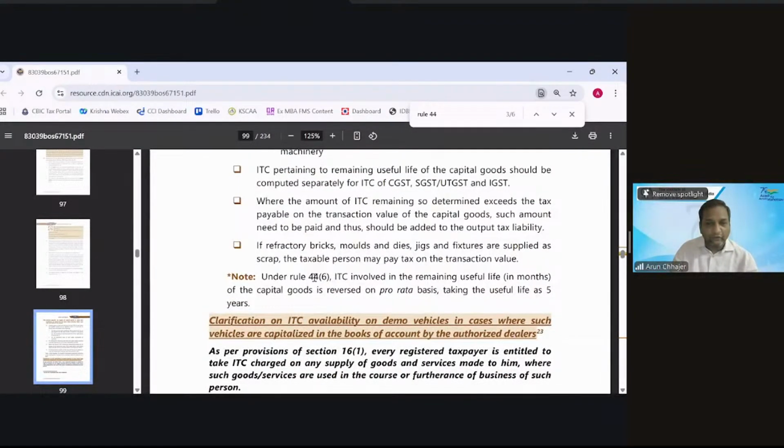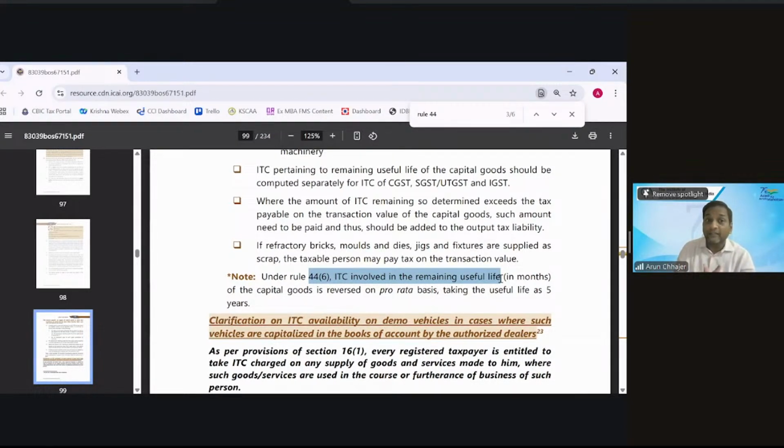Under Rule 44, Sub Rule 6, ITC involved in the remaining useful life is reversed on pro rata basis, taking useful life as 5 years. Meaning thereby, suppose my remaining useful life is 3 year 4 month.